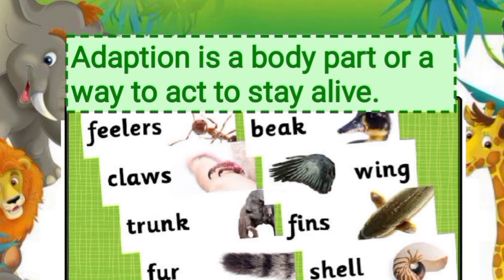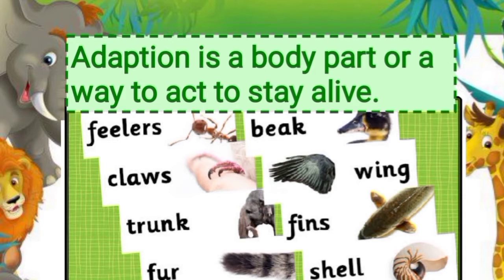Examples of the basic adaptations that help animals survive are the shape of a bird's beak, the number of fingers, the color of the fur, the thickness or thinness of the fur, and the shape of the nose or ears. Some animals have scales and some animals have spots.